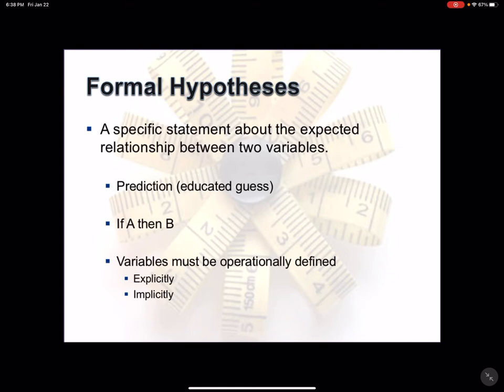I'm going to make you define them explicitly in your papers. So for example, if your overall hypothesis is that Asians are smart, you would say, if someone is Asian, then they are smart. And then after that, you would say Asian is defined as 75% of the Asian races as defined by the US Census.